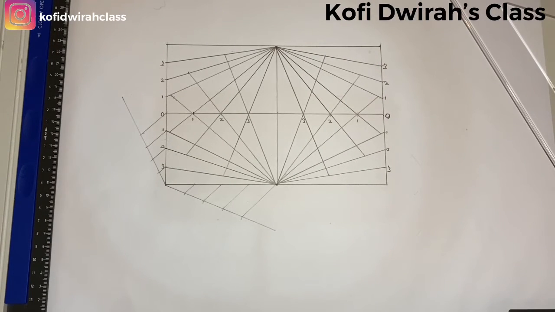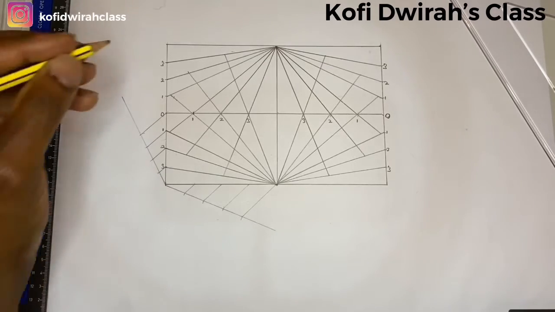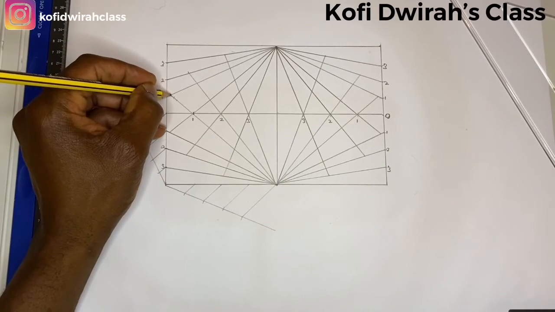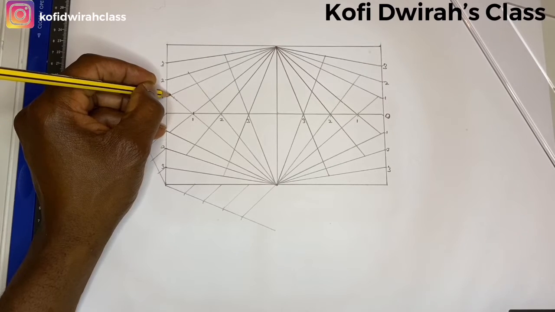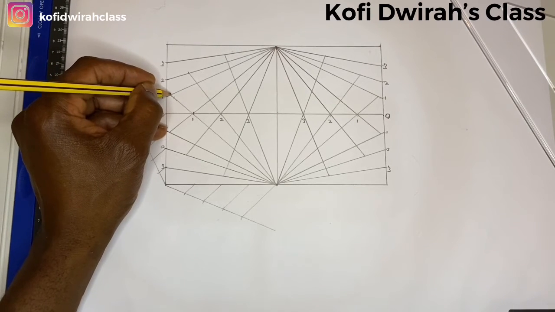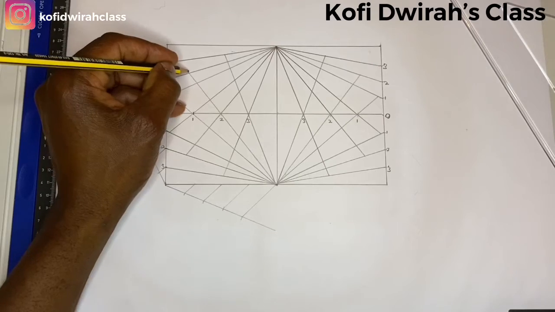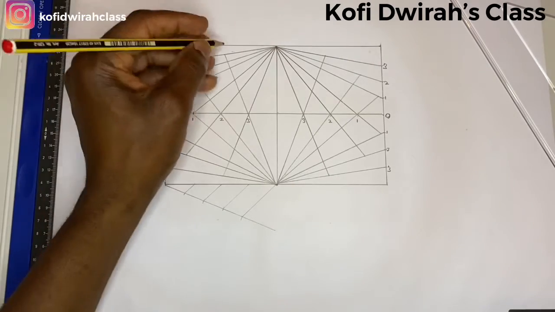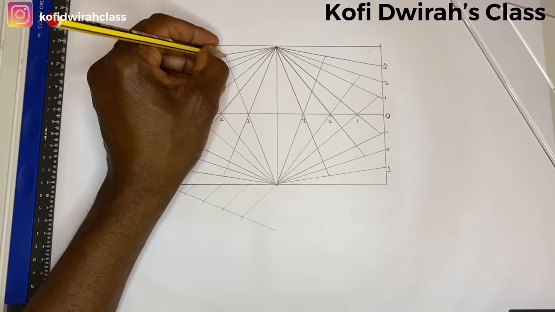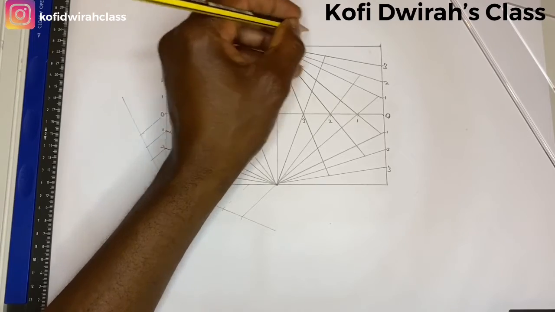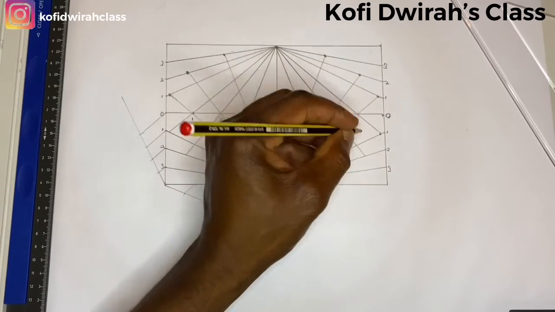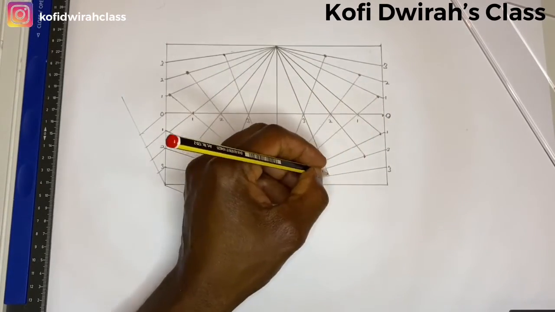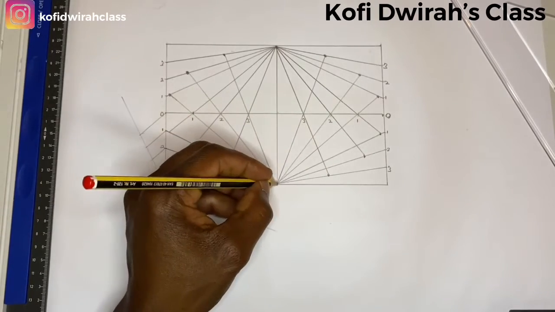So we have this. So we are going to draw our ellipse through these points. Let me mark the ellipse through these points. Here, here, here.